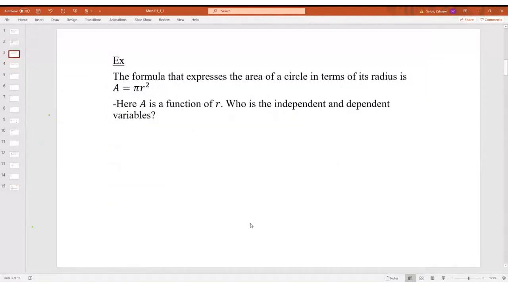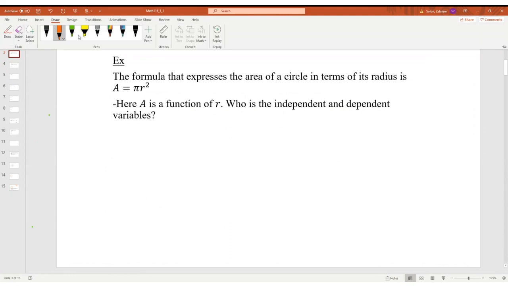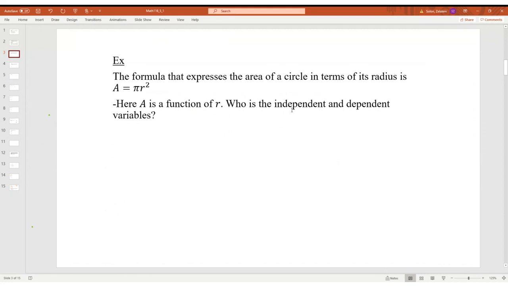So there is a formula for area. Area equals pi r squared. So we know that formula. So where A is the function of r, so we say A is the function of r. Now the question is, which one is dependent? Which one is independent? Write your answer on the chat.